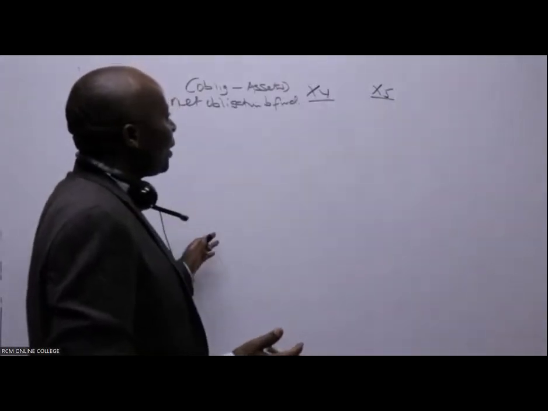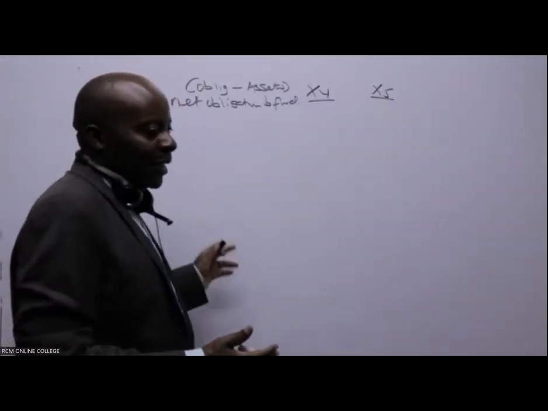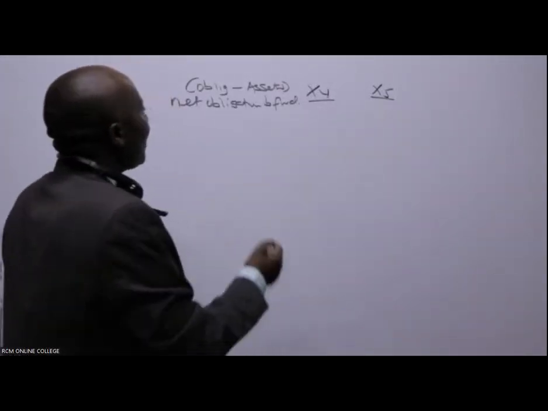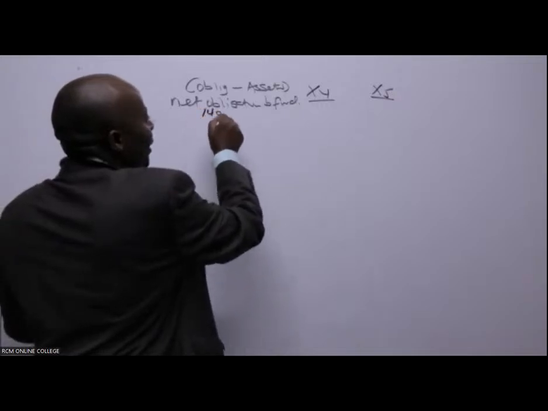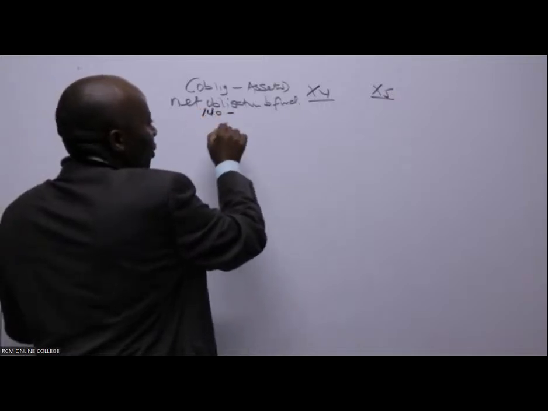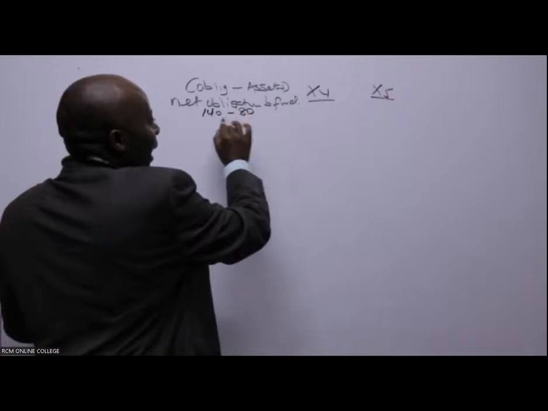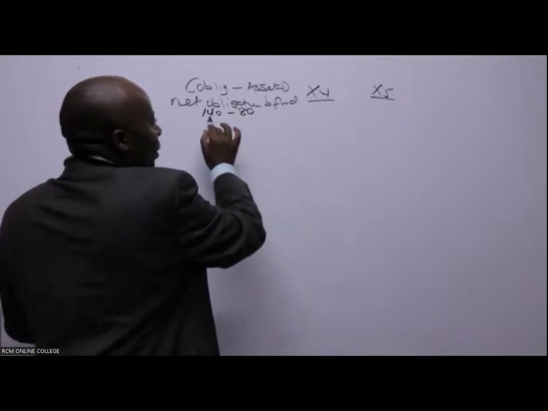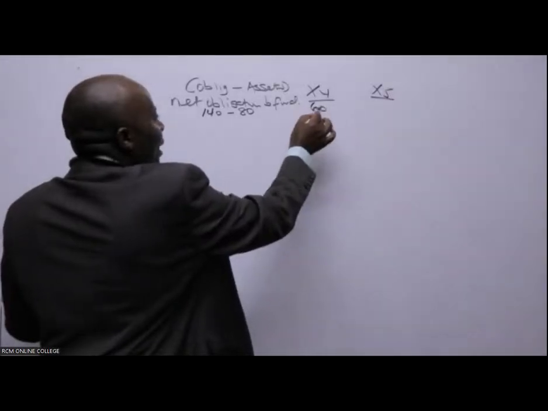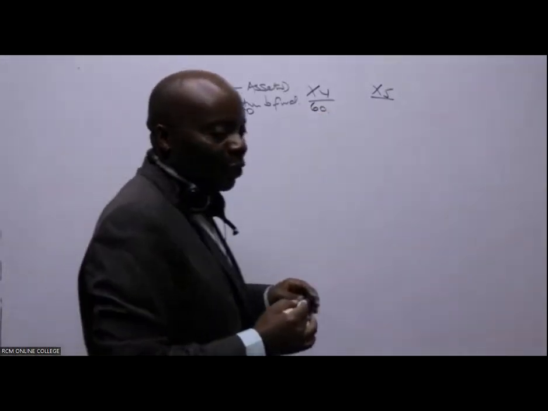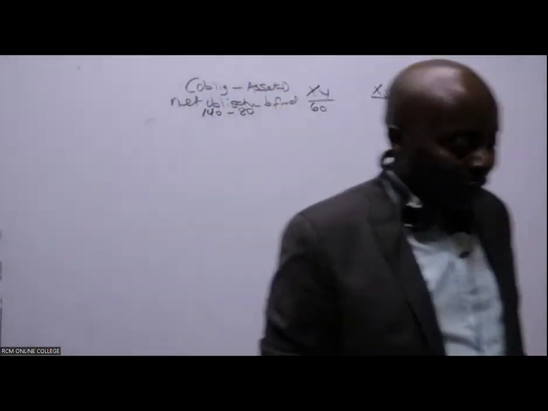So you take the obligations minus the assets. And these guys have given us this figure. They have told us that at the beginning of 20X4, it is 140 obligation and then 80 assets. So we are beginning with 140 minus 80, a net obligation of 60. Where did I get the net obligation from?